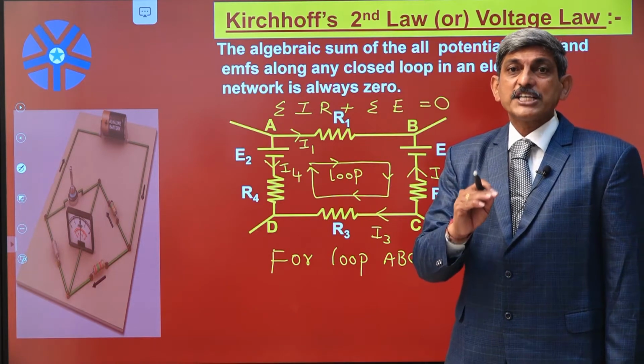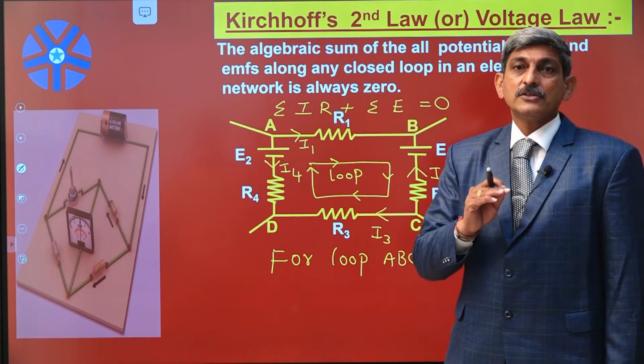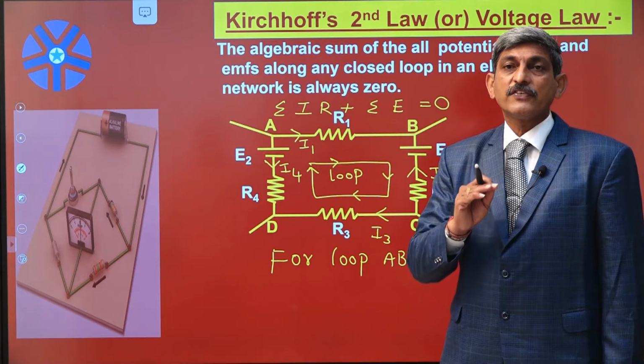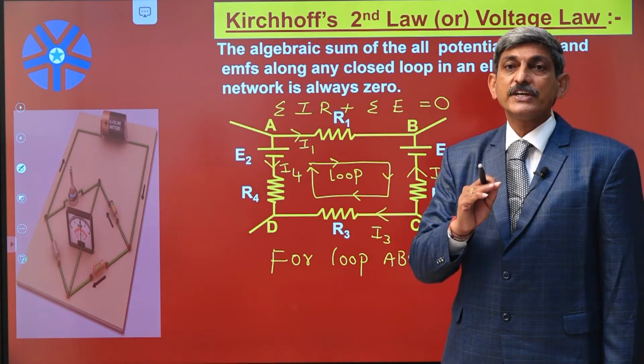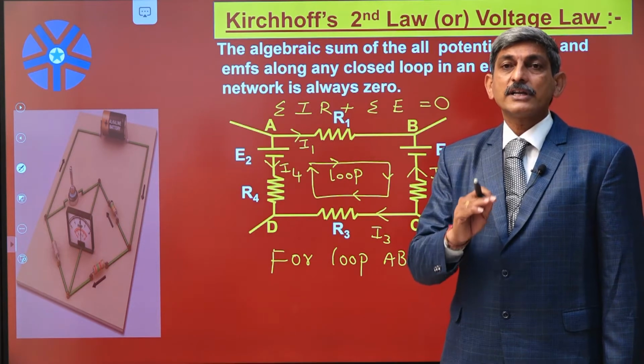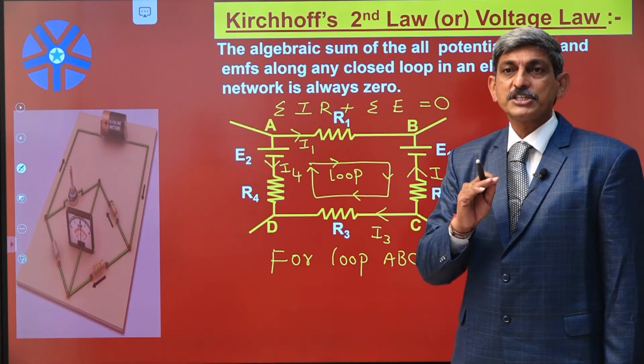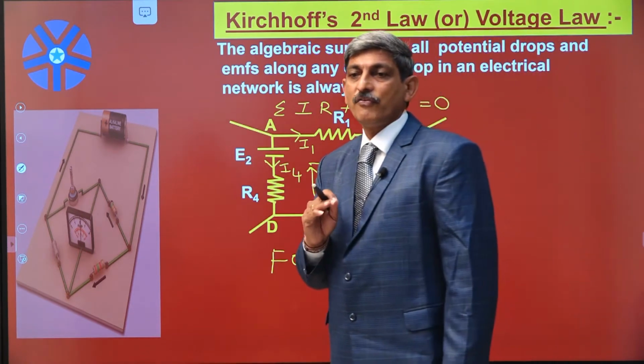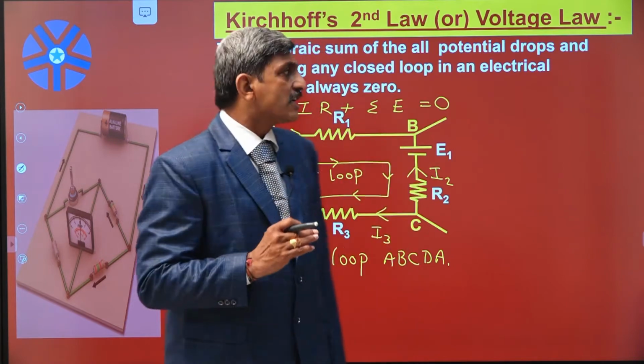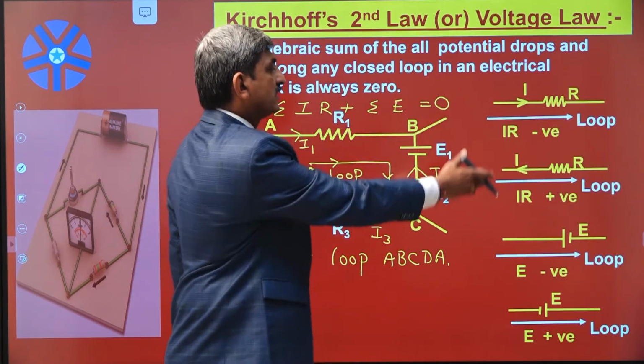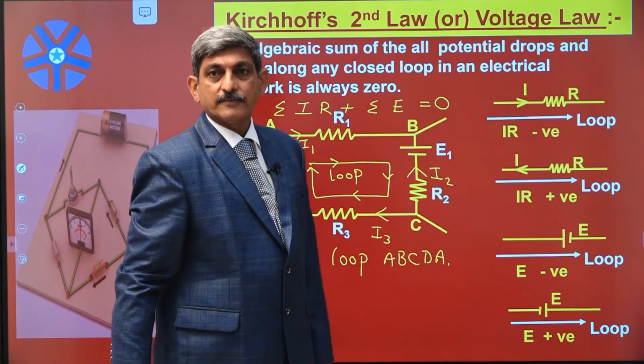We have to follow a specific sign convention throughout the application of the Kirchhoff laws to identify the rise or fall of the potential drops and EMFs. For that, the standard notation is given by the 4 cases.